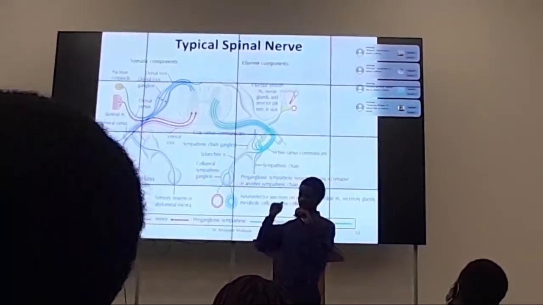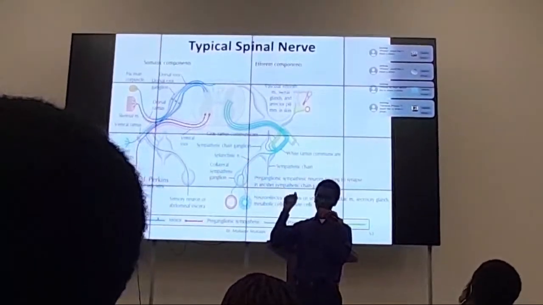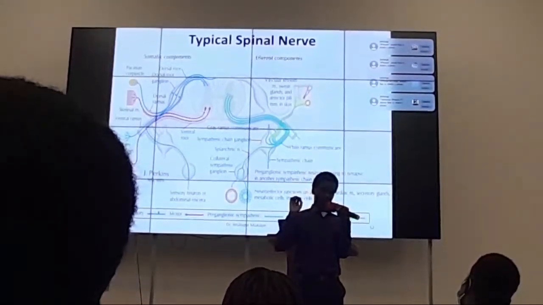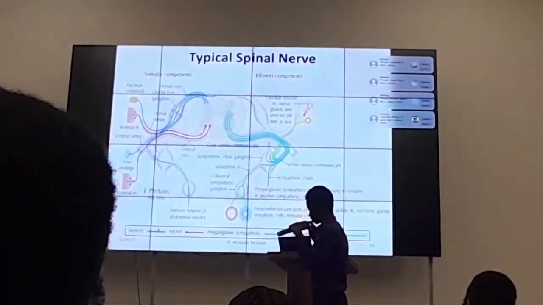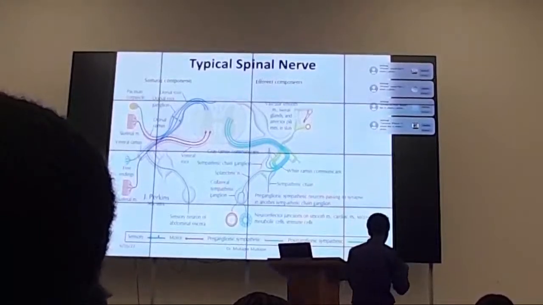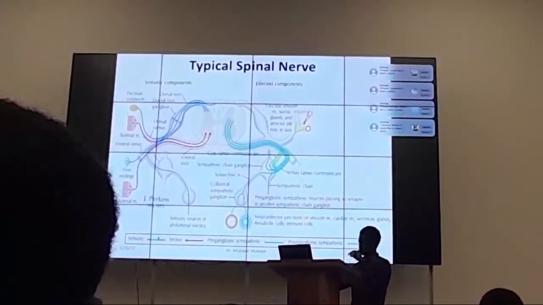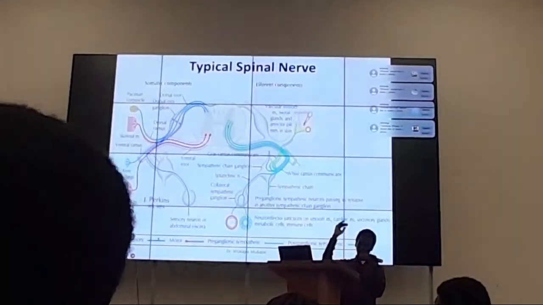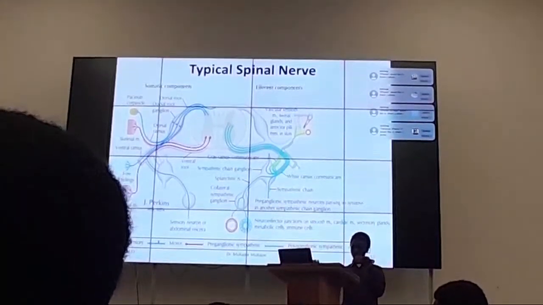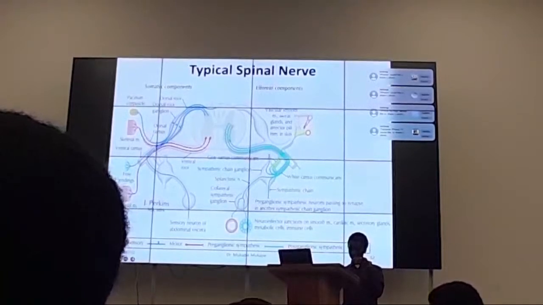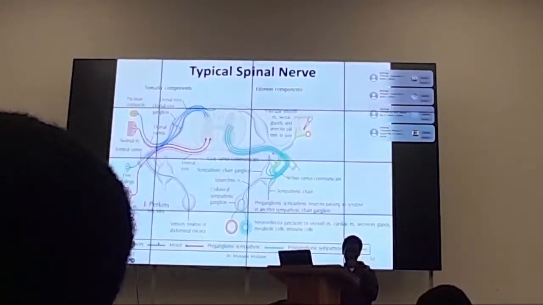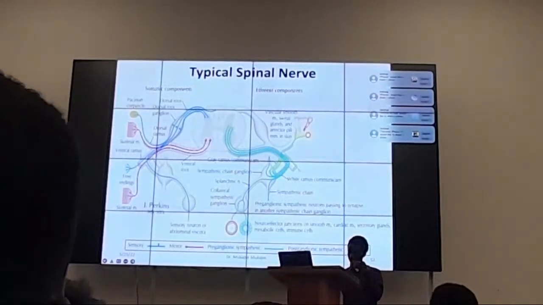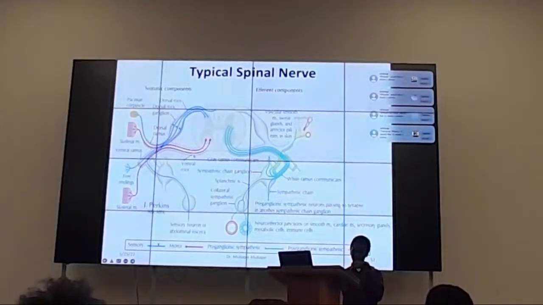So when we say sympathetic outflow is T1 to L2 spinal segments, it means that the neurons which come from the lateral horns of the spinal segments T1 to L2 form the sympathetic nervous system. Okay, and they pass anteriorly like this, in the ventral root.